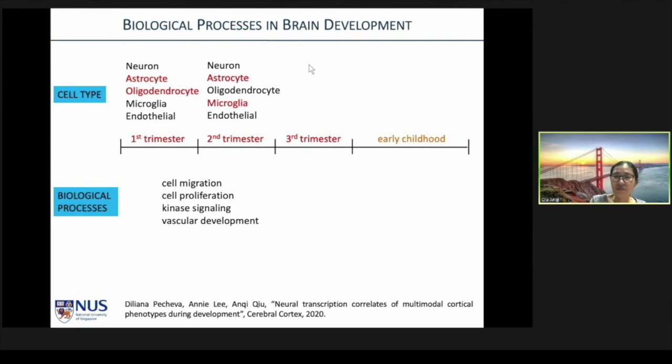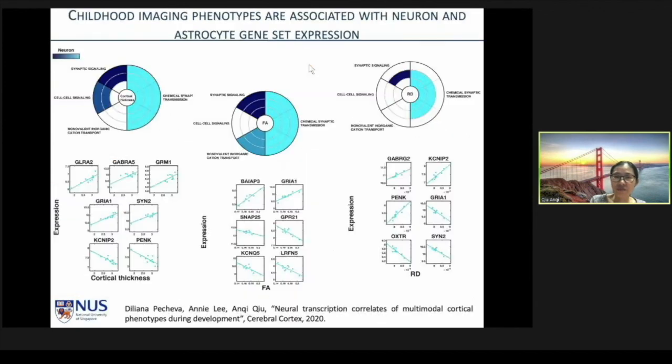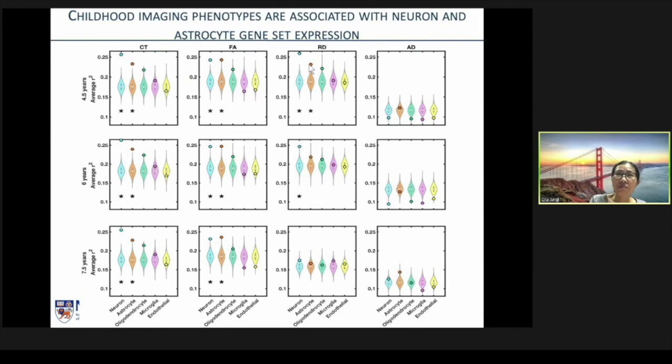And here we show that gene expression information in neurons as well as in astrocytes is highly correlated with cortical thickness data at 4 years, 6 years, and 7 years.